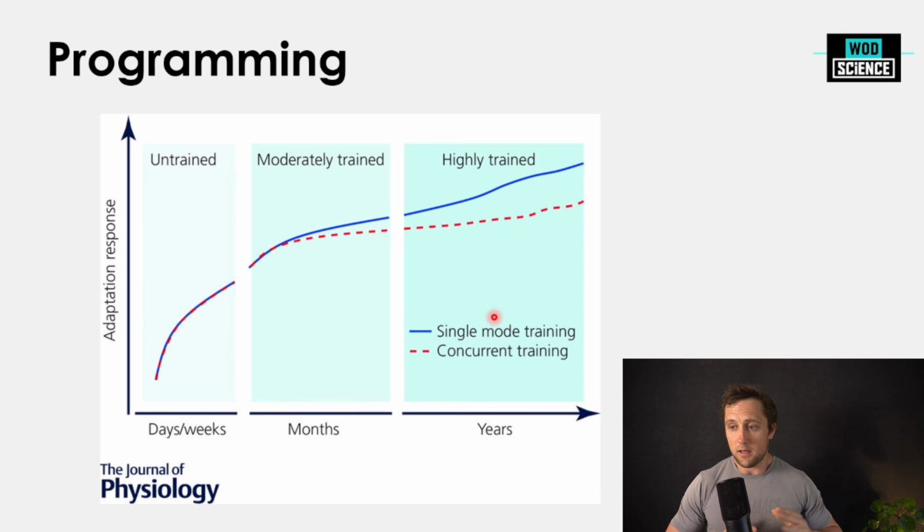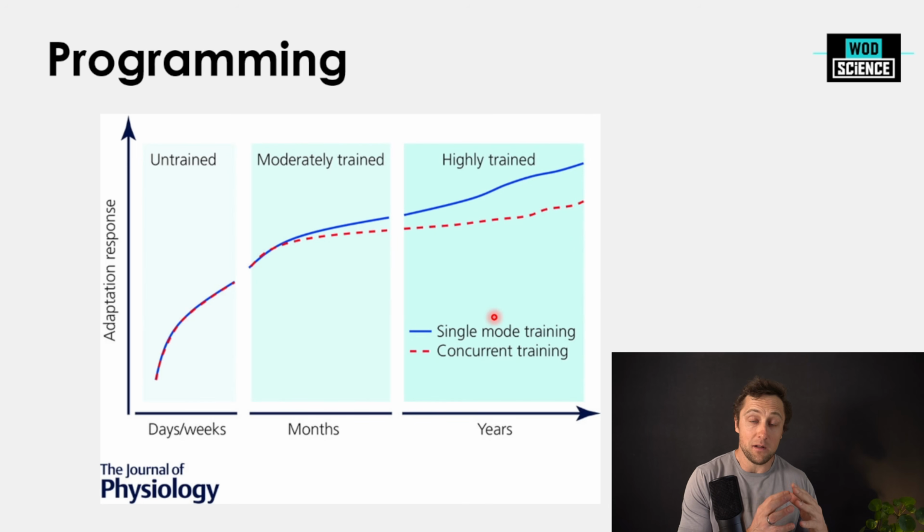So if you do a single mode of training in an untrained person, or you combine both, for example, CrossFit style, strength and endurance, then in an untrained person, it doesn't matter. Both will increase strength and endurance at the same time, because everything you throw at an untrained person, maybe you know it from your own experience as a coach, he or she likely will get better in both modalities.